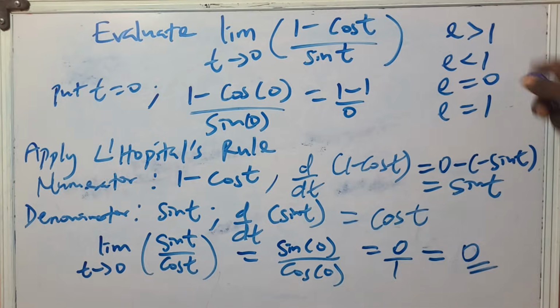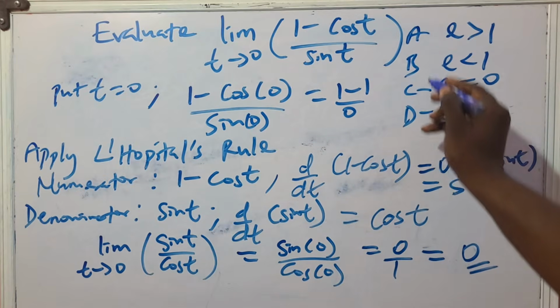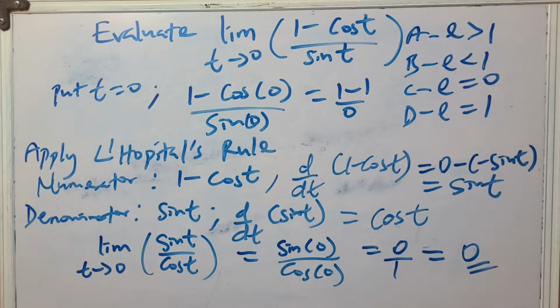Let me label it as A, B, C, D. Which of these, is it A, B, C, or D?